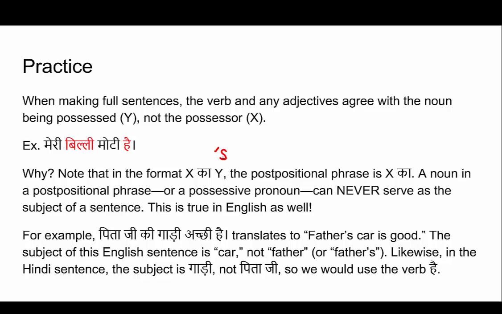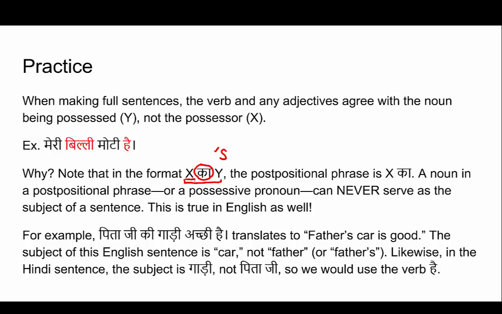So the noun preceding ka, ke, ki is part of a postpositional phrase. And this is the possessing noun X. So basically, let's take a look at the format X ka Y. Ka is the postposition, which means X is the noun within the postpositional phrase. In English, a noun that is part of a prepositional phrase can never serve as the subject of the sentence.